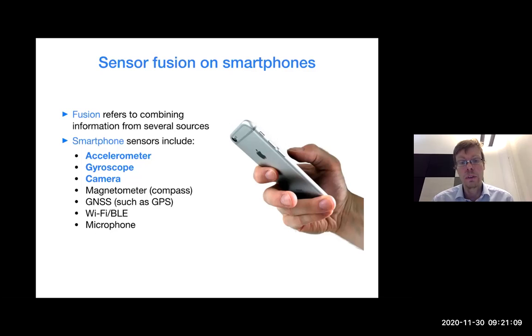So current smartphones have actually quite many sensors. Some of them are listed here, but in this presentation, we focus on using the 3 sensors here indicated with blue color. So we have 3-axis accelerometer in the device, 3-axis gyroscope, and then a video camera. And so these sensors enable developing this kind of visual inertial odometry approach for tracking the motion of the device.